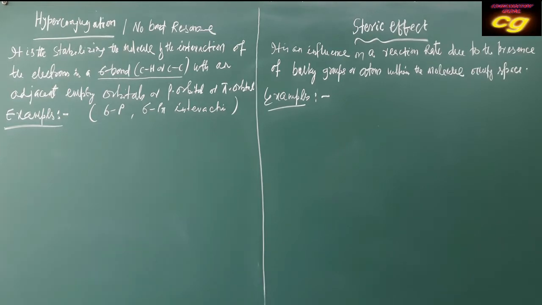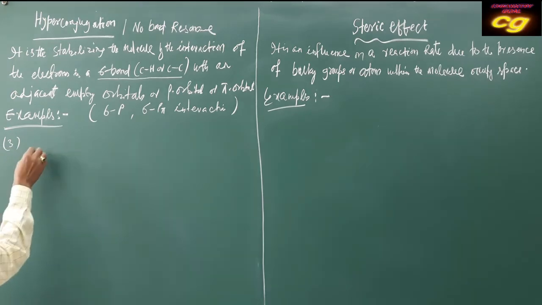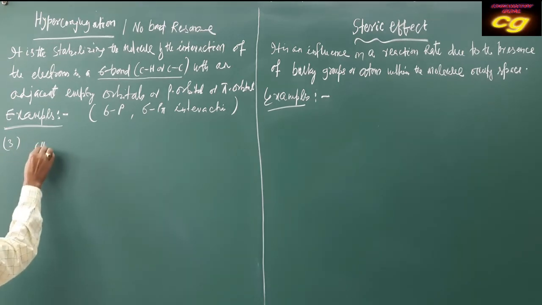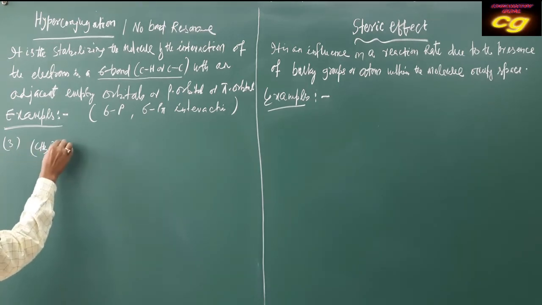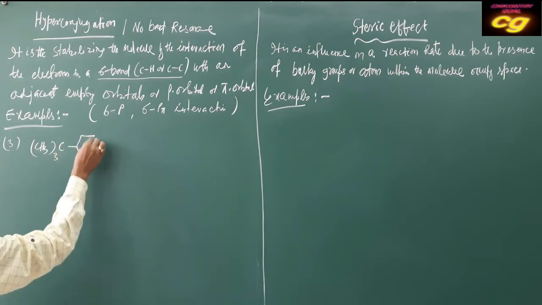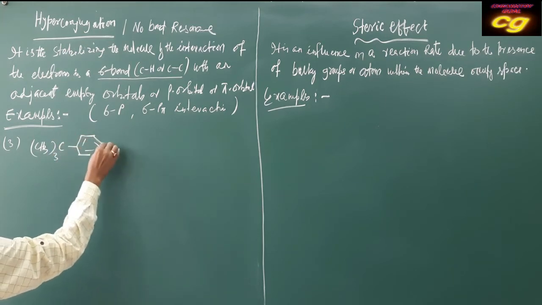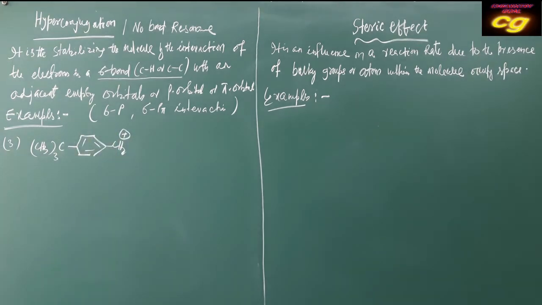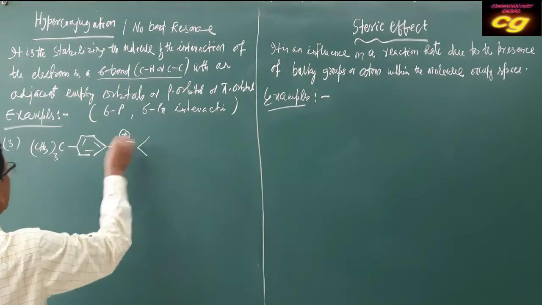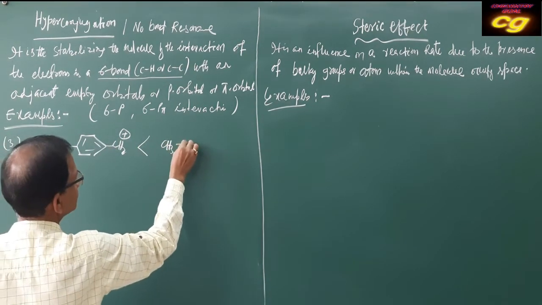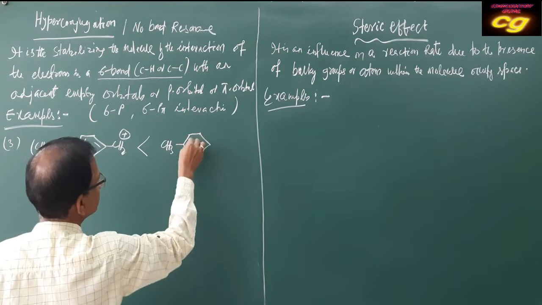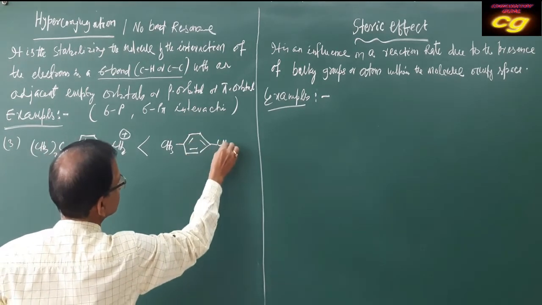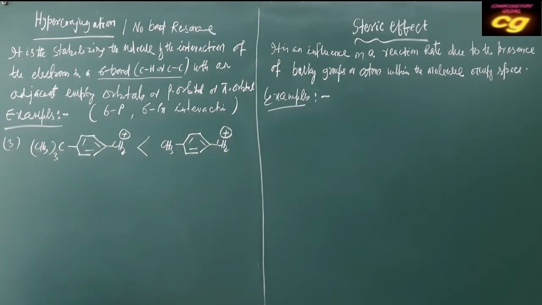And the third application, the third example, is here. CH3 ... This carbocation is less stable than the other, because you see here what happens.